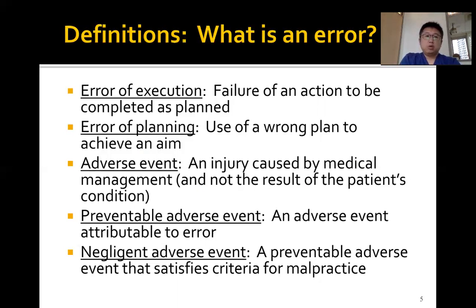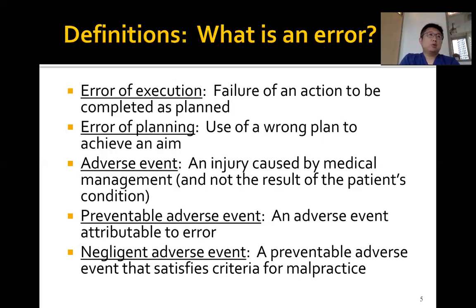So if you are talking about the future, for example, if we want to improve our medication system, then we can summarize all those errors. Then we probably need to define what kind of error we want to prevent.